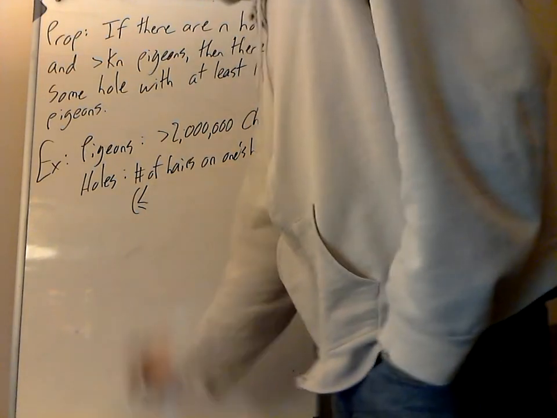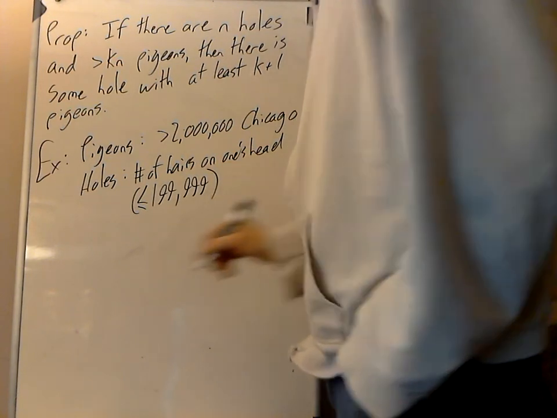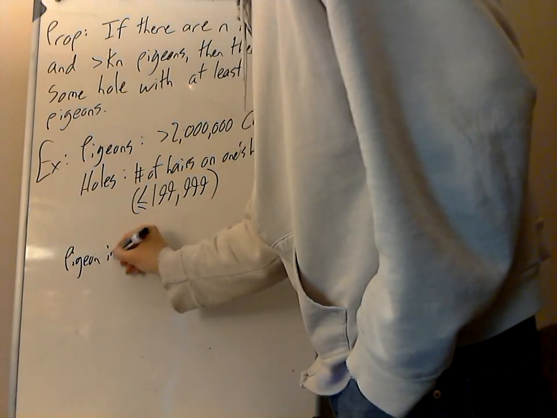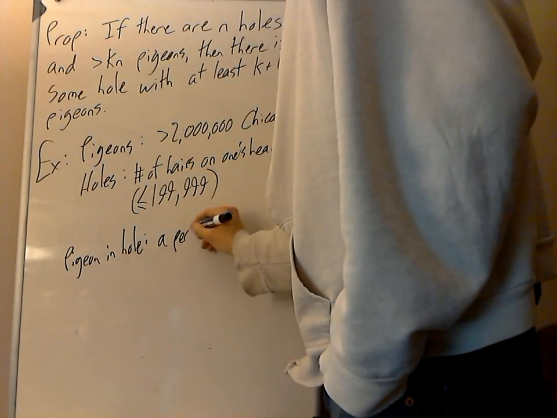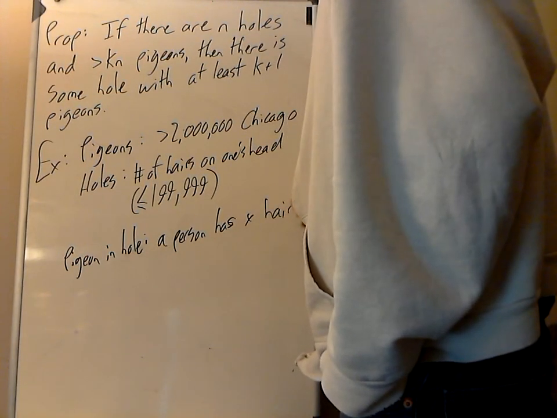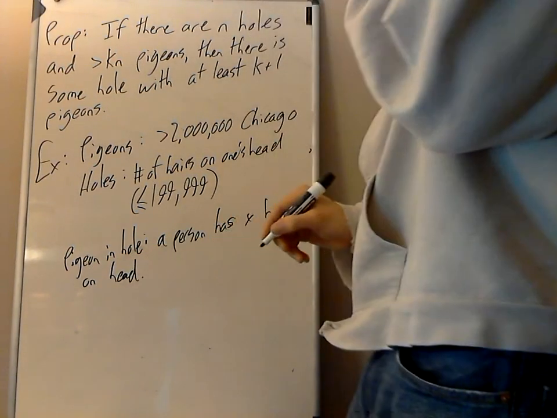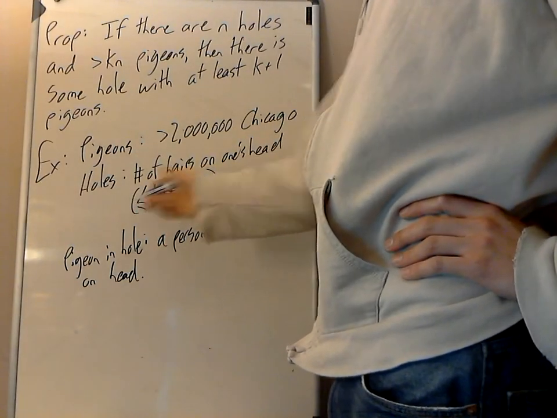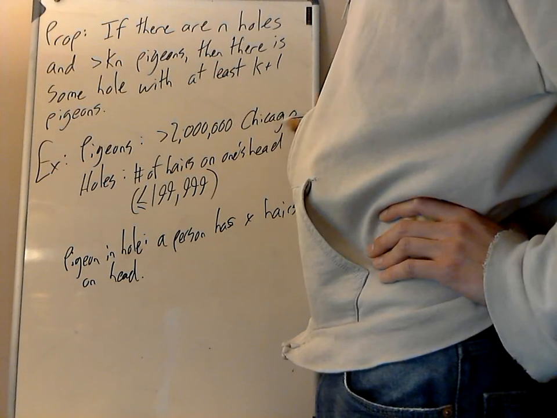Actually, for the sake of correctness, we need to say 199,999. Then, for a pigeon to be in a hole simply means that a person has X hairs on their head. Now, the number of holes is exactly 200,000 because we go up from 0 all the way up to 199,999. And there are more than 2 million Chicagoans.